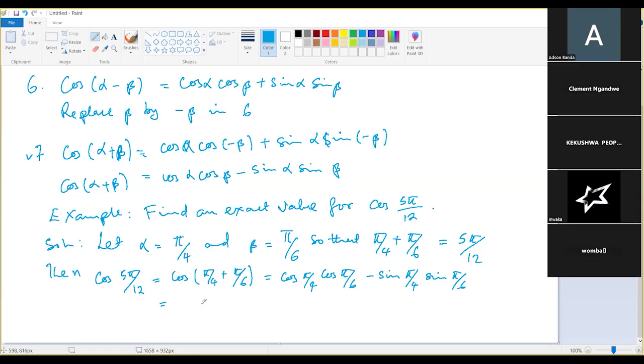Right, so now we have those standard ratios. So what is the cosine of pi by 4? Can someone tell me? What is the cosine of 45 degrees?